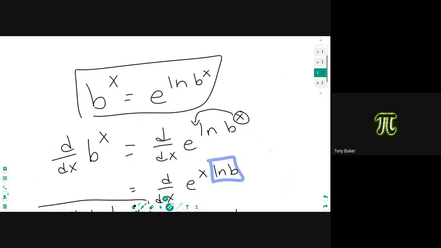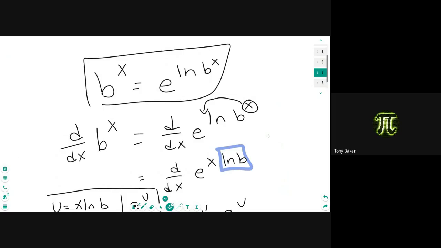Okay. So I guess the premise is, if we're considering b to the x equal, you have to assume that this is true, but this is mathematically true. This and this are the same thing, because e and ln would cancel out.